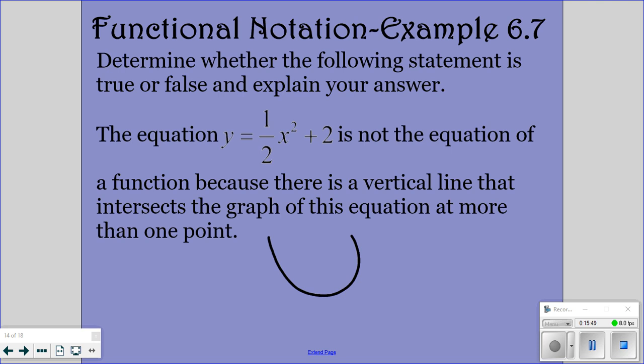Is there ever going to be a vertical line that intersects it at more than one point? No. So this is false. Anytime you plug in an x value, you're only going to get one value here. So every vertical line is only going to hit it at one point. It does not fail the vertical line test. It actually passes the vertical line test.